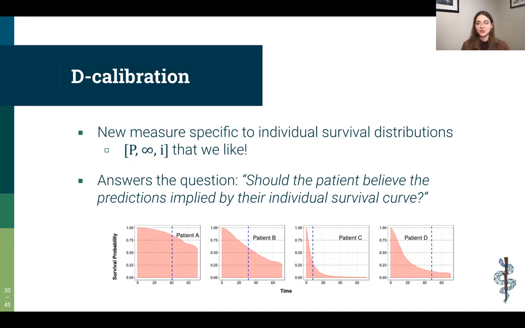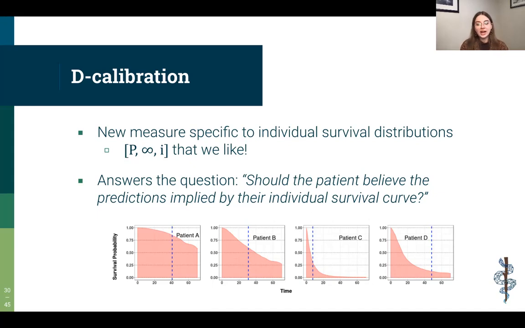So once you have an individualized survival curve, the median predicted survival time becomes kind of an important way to distill all of that information from the survival curve. And what decalibration aims to do is measure that the correct number of patients are, say, passing away before their median survival time and after their median survival time, because of the nature of the measure of median. That definitely should be the case.